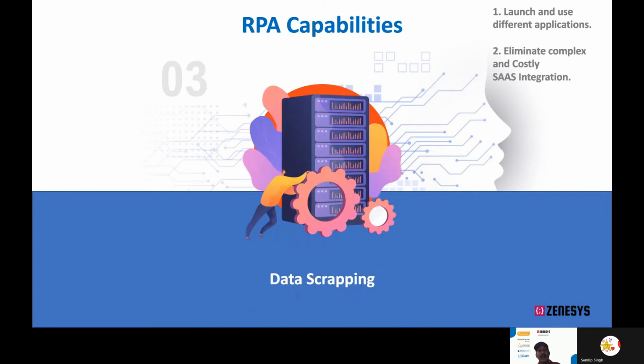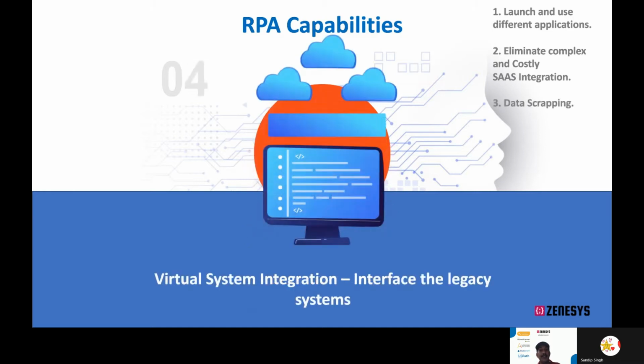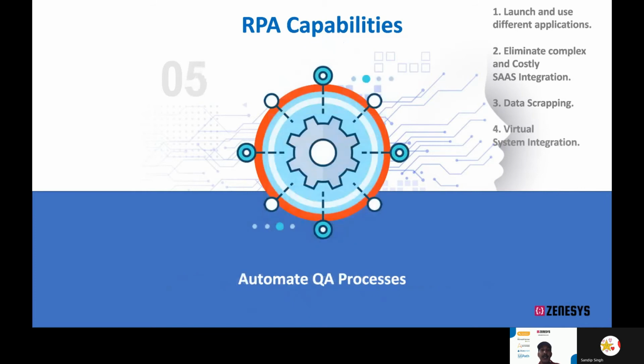RPA technologies can also be used to scrape data. They can also help you to integrate with the legacy systems without much effort involved. And you can automate the QA processes on your side. So these are some of the capabilities, but not the exhaustive list.